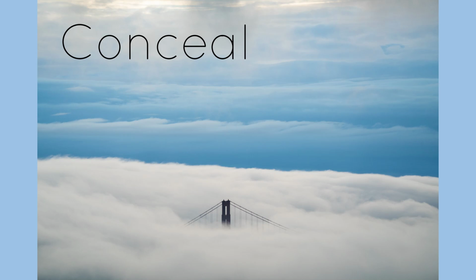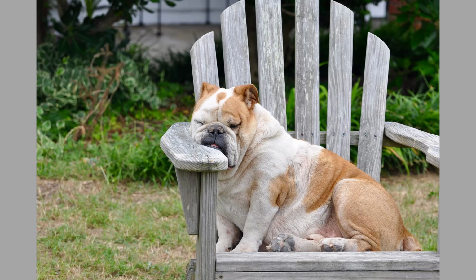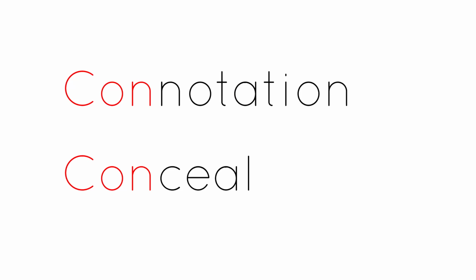Except for the top bit, the rest of the bridge is concealed. It's hidden. It's not visible, or not clearly visible anyway. And that's what we're meaning by the word conceal. So if I go back up here, the connotation of the word is what's hidden behind the word, what's not quite visible, what you have to work at to discover.